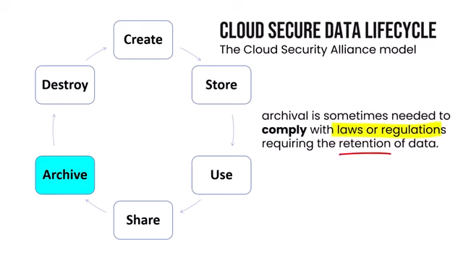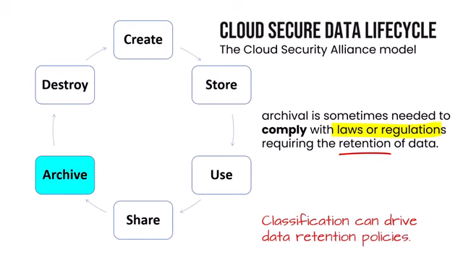And archival, again, is sometimes driven by laws or regulations that require us to retain data for a specific period of time, and classification can drive data retention policies. For example, the organization's annual financial reports would be classified as financial data, and that sensitive data classification will drive retention of that data based on the type of information in that document.